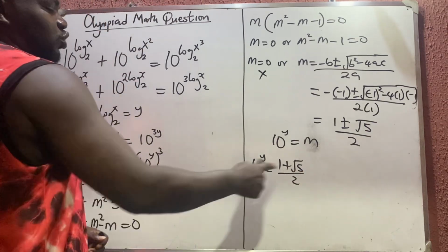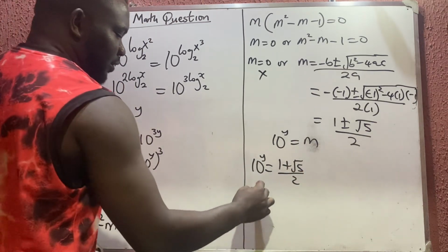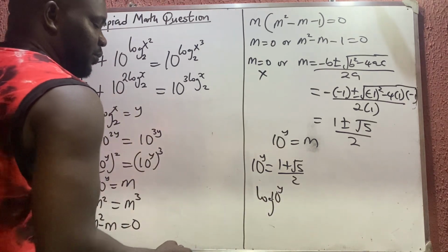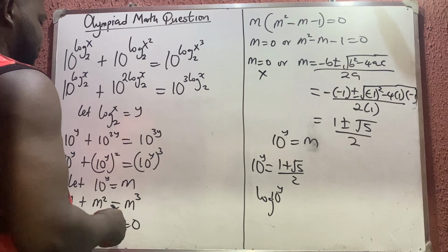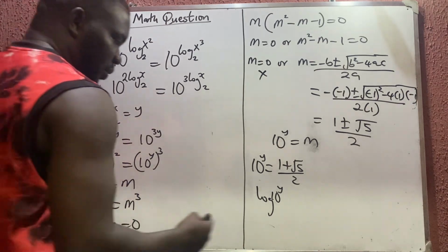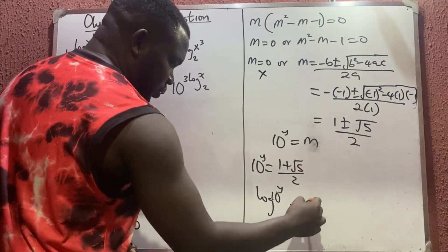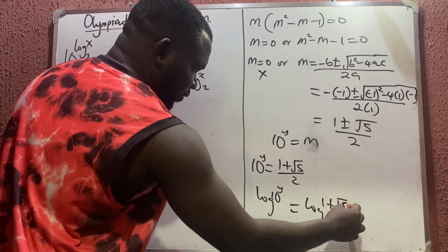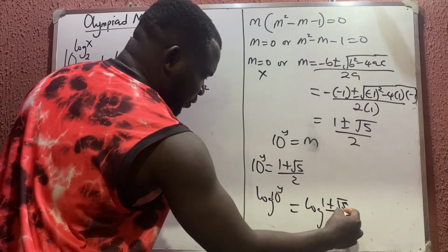If I introduce the logarithm of both sides, I have log of 10 raised to the power y is equal to log of (1 plus root 5) over 2.